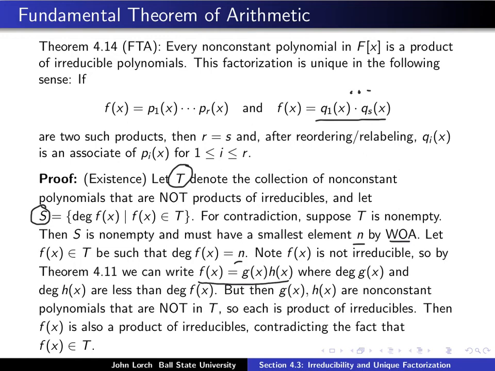So then if you multiply g and h together to get f, you then get f as a product of irreducibles, and this contradicts the fact that f is a member of T. And that finishes the existence proof.